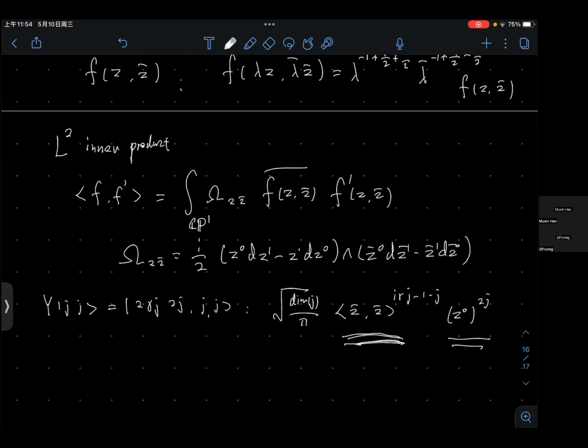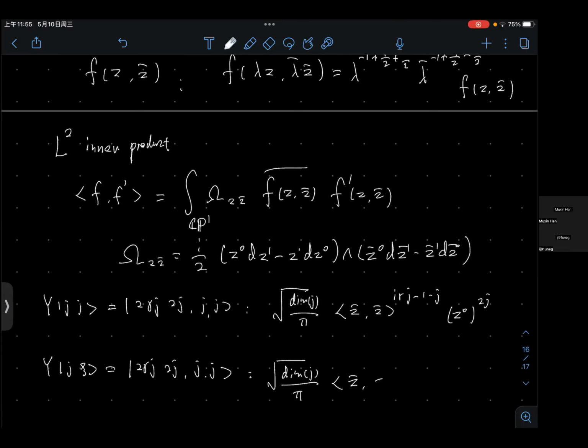Then you can also compute the Y map of a coherent state. This is just given by, you see, the coherent state is the SU2 action on the highest weight vector, which means you just act on the state above by a certain SU2 element related to Kc, and you will get this.